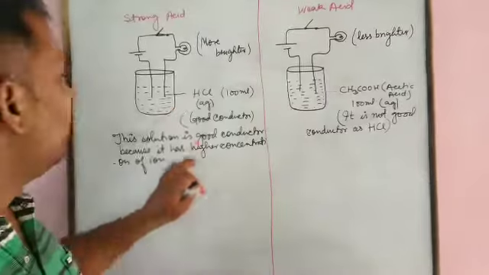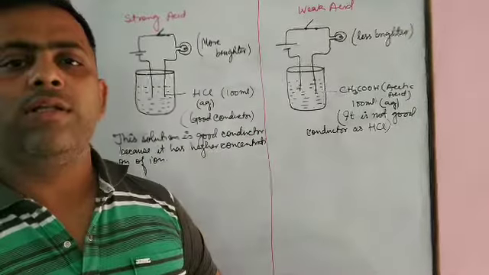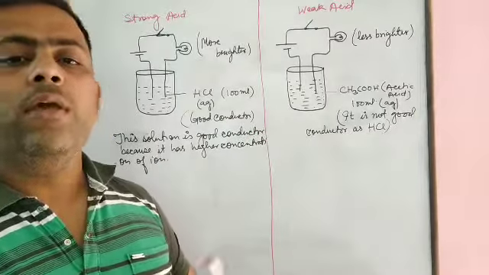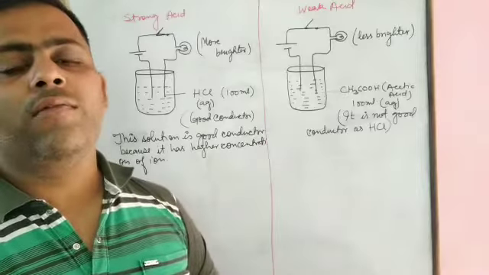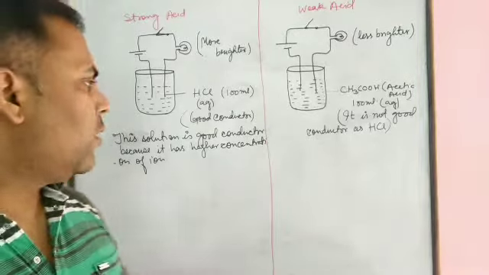We know if a solution contains a higher concentration of ions, then it will be a good conductor. But if it contains a lesser amount of ions, then it will be somewhat of a poor conductor.